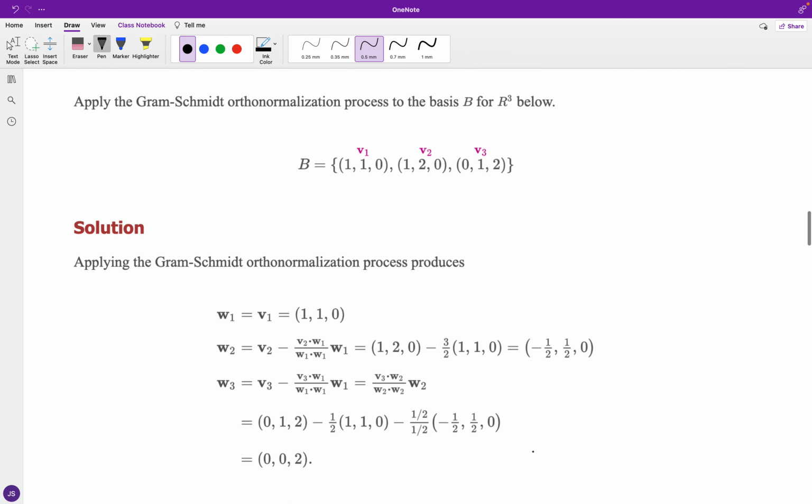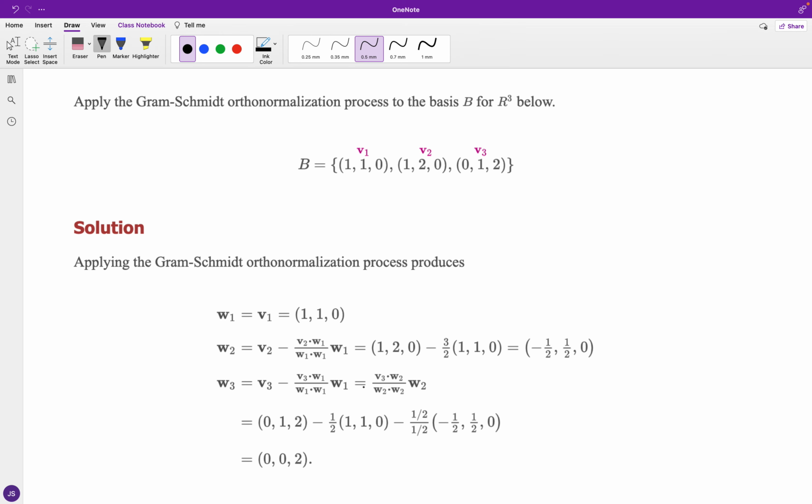For W sub 3, where we had V sub 2, we replace it with V sub 3. Here we have V sub 3 minus the dot product of V sub 3 with W sub 1 all over W sub 1 with itself, times W sub 1.